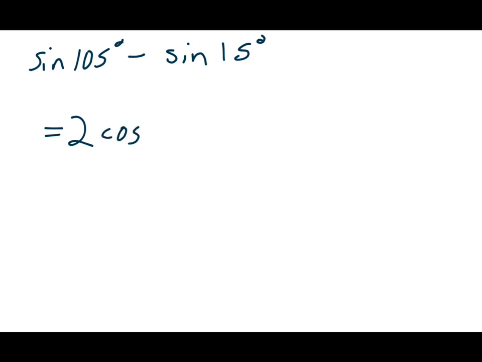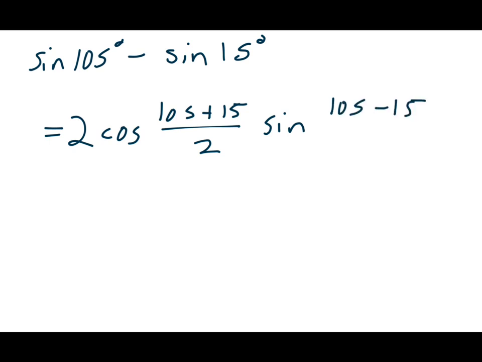So for example, say I want to find sine of 105 degrees minus sine of 15 degrees. Using my formula, that's going to be 2 cosine of 105 plus 15 over 2 sine of 105 minus 15 over 2, which gives me 2 cosine of 60 degrees sine of 45 degrees.